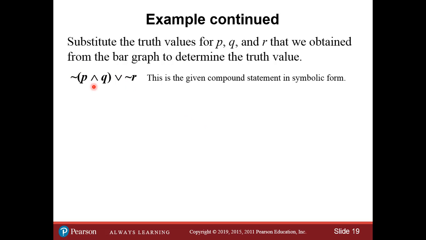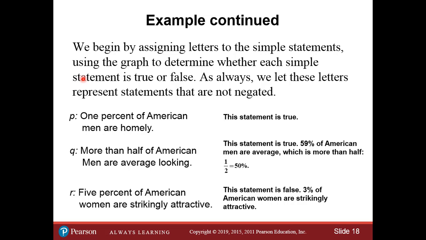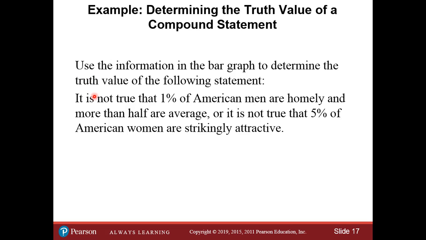And so we can say not (P and Q). It said it is not true that 1% of men are homely and more than half are average. So it's not true that 1% of American men are homely and, so this is all together.